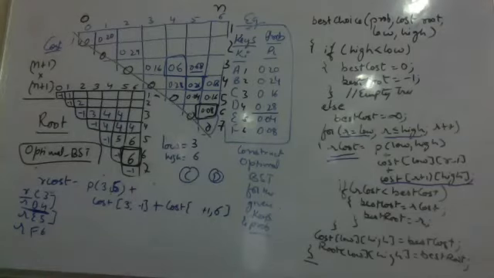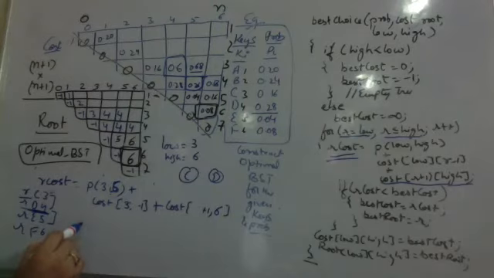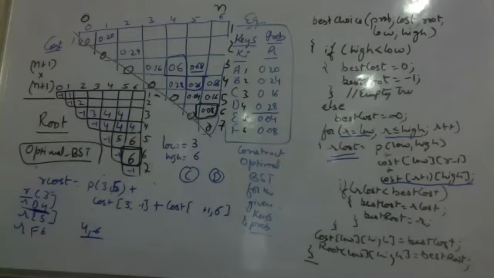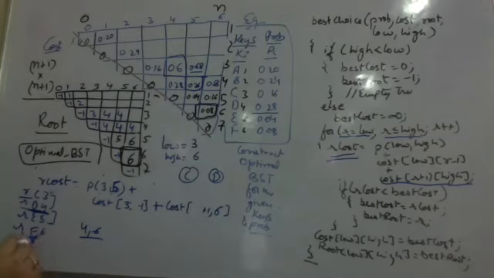D और F में से कौन सा रूट है हमें पता है. D मतलब 4 से लेके 6 में रूट कौन सा था. 4. So we know कि D और F में से रूट कौन है.